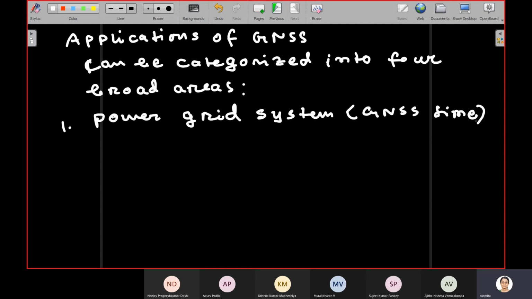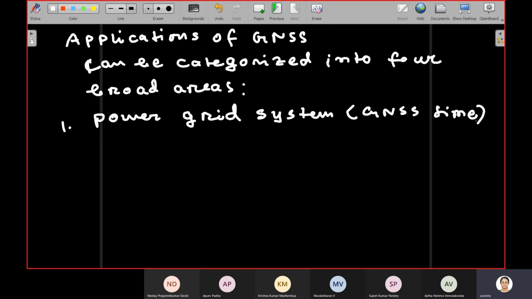When there is a demand, we need to supply. We cannot delay it. If there is a demand at a particular time, the other portion of the grid must be able to supply that at that time only. So all different portions of all the grids must be synchronized in time. This is one reason why time synchronization is required.